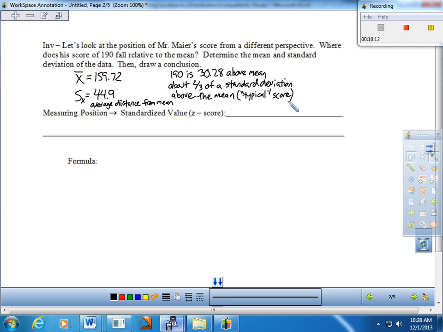Okay, so this is exactly what we're going to do. We're going to measure the position by standardizing our values. And when we do this, it is what is called a z-score. We're going to talk a lot about z-scores here over the next several days. And so the z-score very simply comes down to this.